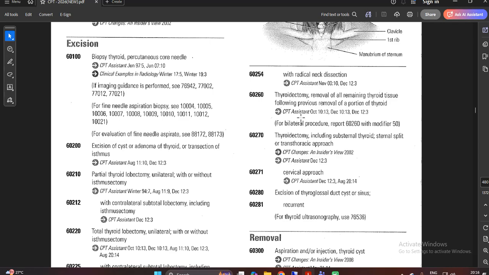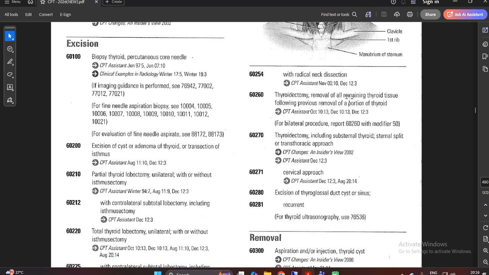60260, thyroidectomy, removal of all remaining thyroid tissue following previous removal of a portion of thyroid. So this is a staged procedure. So previously the patient had a thyroidectomy. Okay. So again the patient had growth on the thyroid gland. So that time the physician will perform this one, 60260. Okay. See here, this is the keyword, all remaining thyroid tissue.